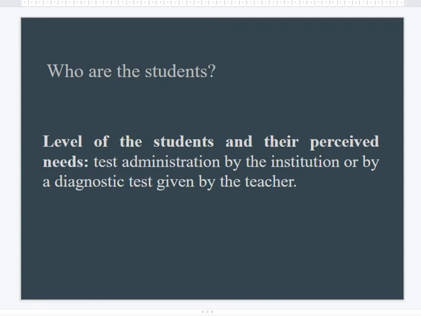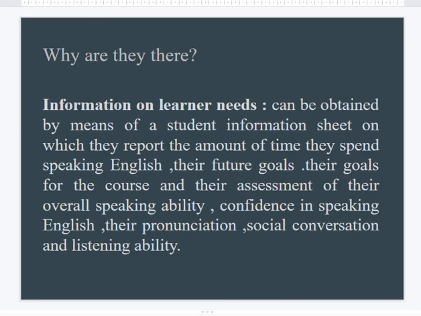For this purpose, you can use test administration by the institution or a diagnostic test given by the teacher. You can give any type of task or test to the students just to evaluate their level. After that, you will be able to understand from which level you need to start teaching your learners for developing their communication skills.